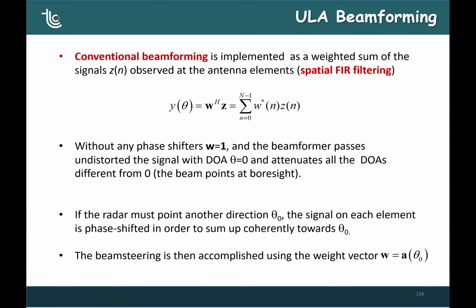So now how can we do the conventional beamforming? We have seen that conventional beamforming is actually a spatial linear finite impulse response filtering. Practically, we take the observed snapshot z and make a linear combination of the observed vector.